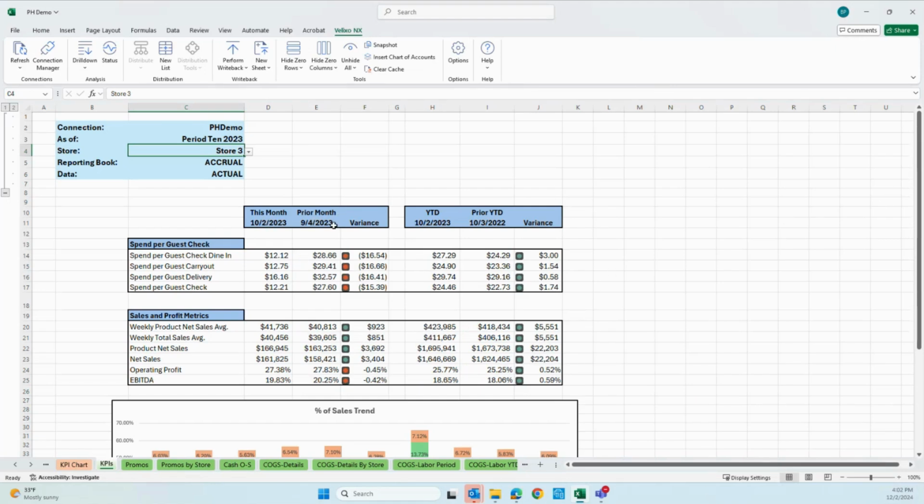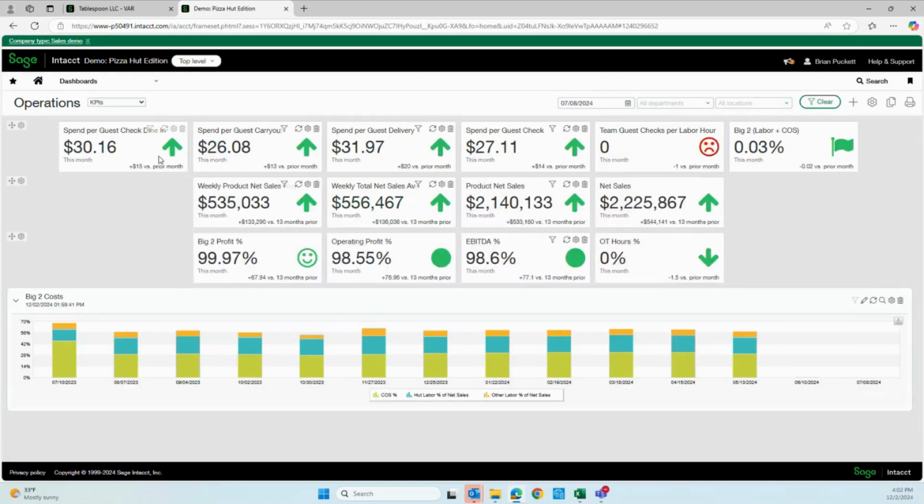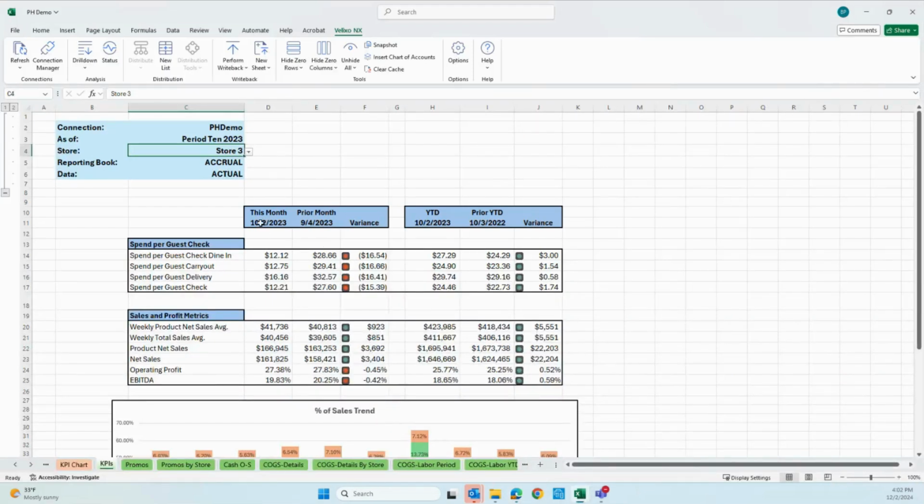So this report is replicating the dashboard that has the monthly activity on the left side of the report, and then the year-to-date activity on the right side. So current period versus same period prior year, prior month, and then year-to-date versus prior year-to-date activity.